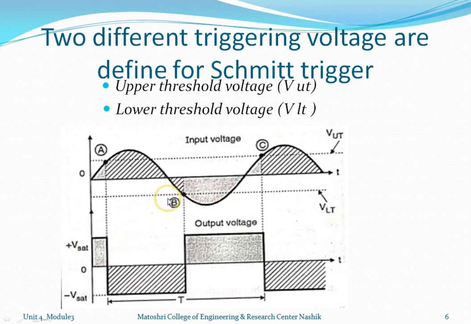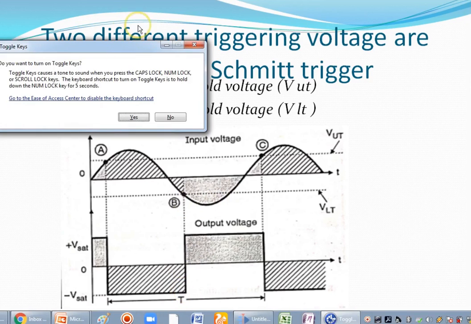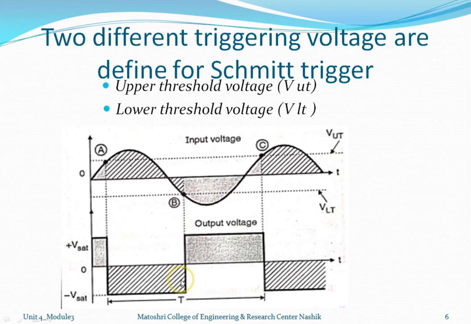At point B, when the input voltage crosses the VLT and becomes more negative, the output voltage changes from the negative V side to the positive V side.